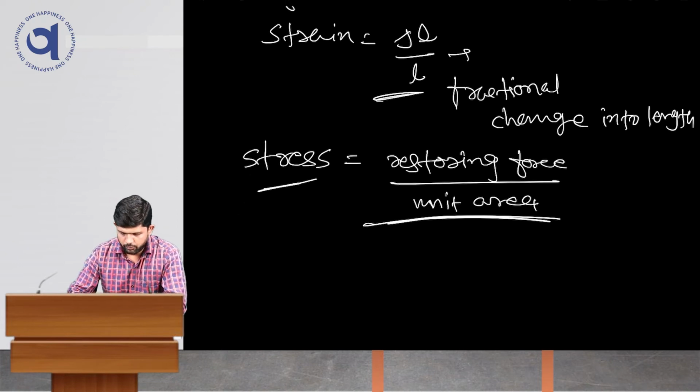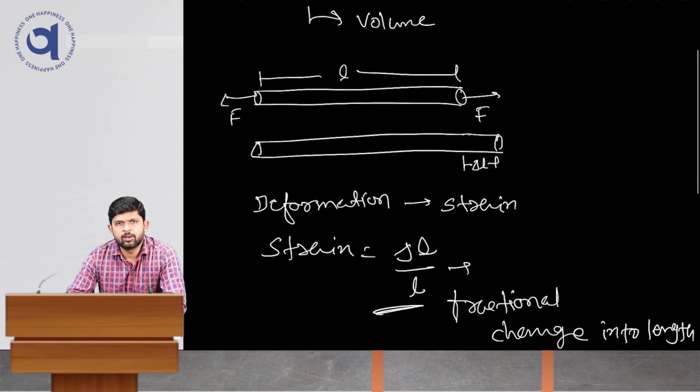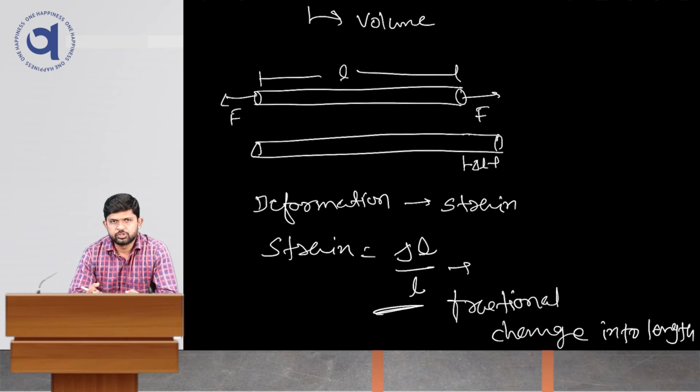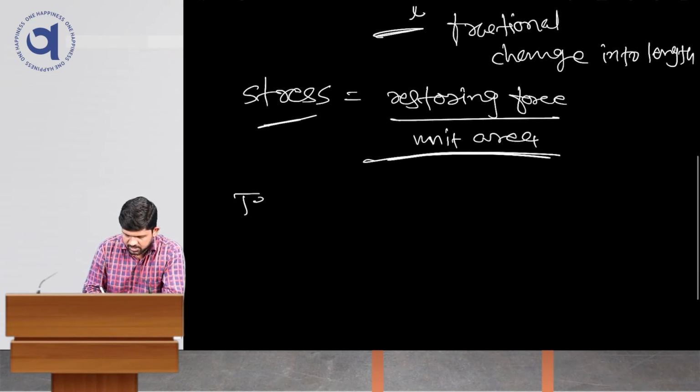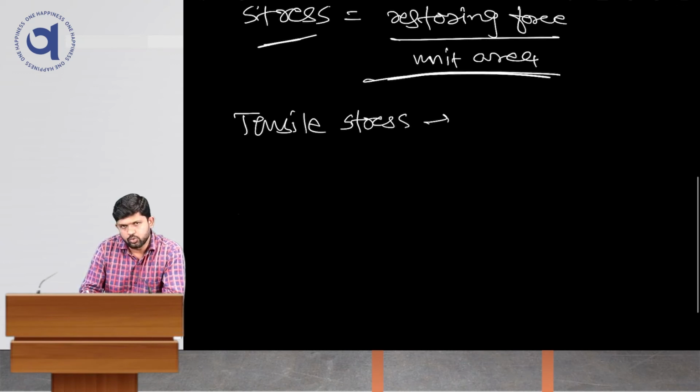Now the force on this rod we can apply in two ways, right? We can try to stretch this rod, or we can try to compress this rod. When we apply the force to stretch this rod, the stress is called the tensile stress. This stress tends to stretch the rod.